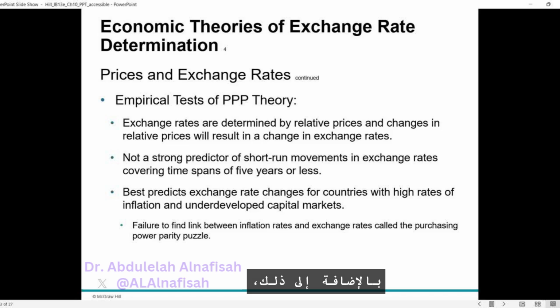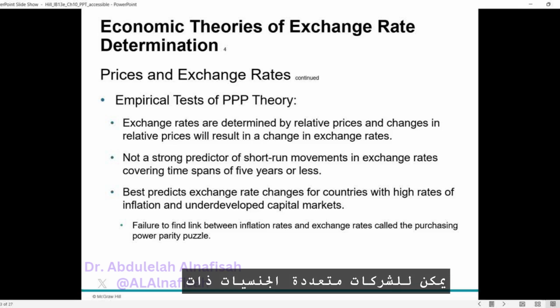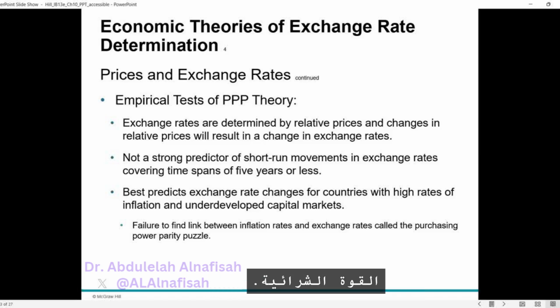Additionally, multinational corporations with significant market power can set different prices in various countries, price discrimination, limiting arbitrage opportunities. Lastly, investor psychology and speculative activities can impact currency values, adding unpredictability to exchange rate movements beyond what PPP can explain.